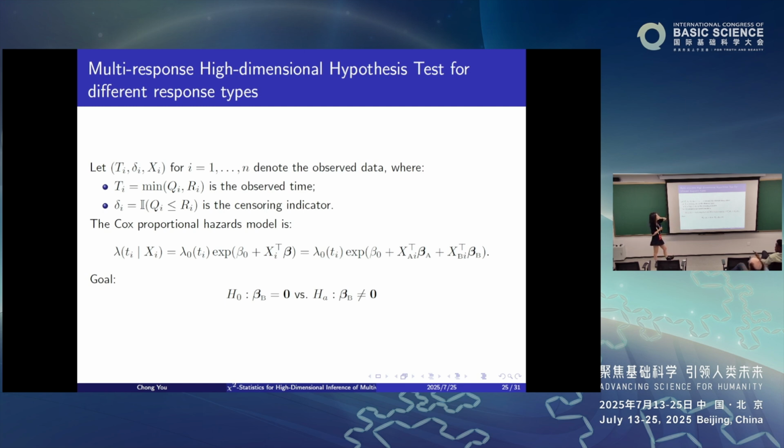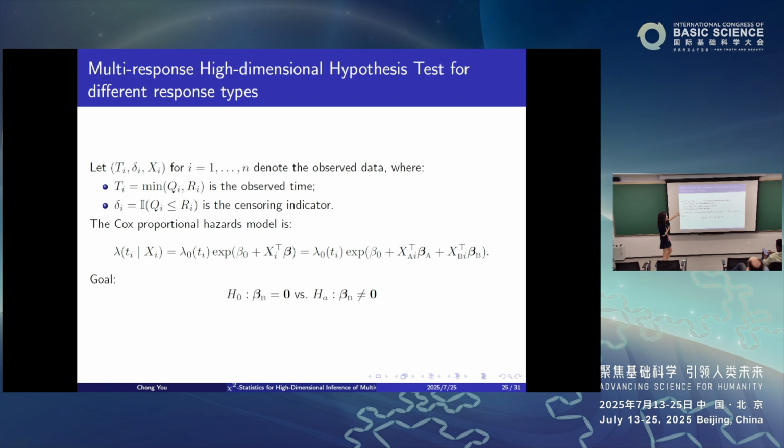So for the survival data, you have this set of observations. Ti is the minimum between Qi and Ri. Qi is the time to the event, Ri is the censoring time. So Ti is the minimum of those two. It is the observed time.